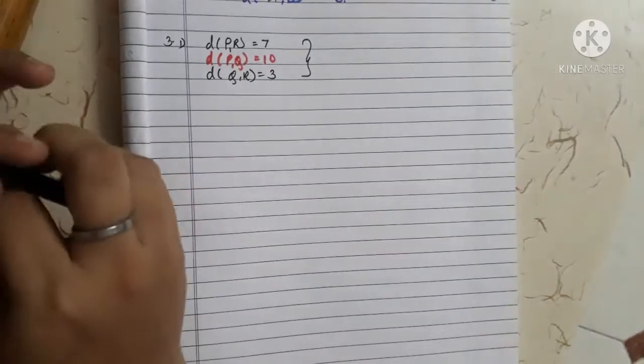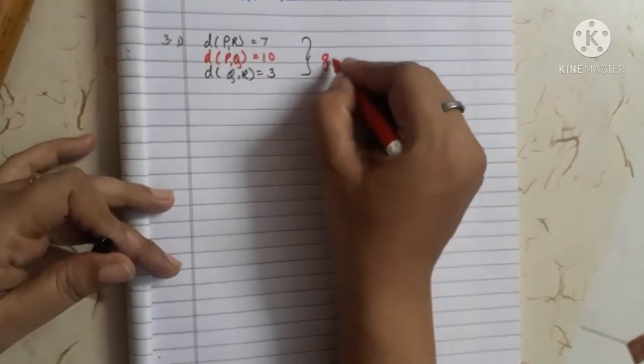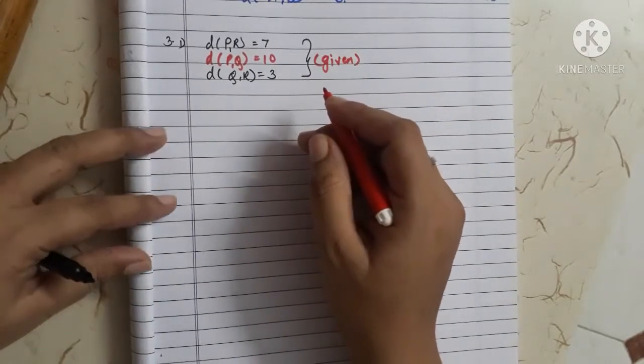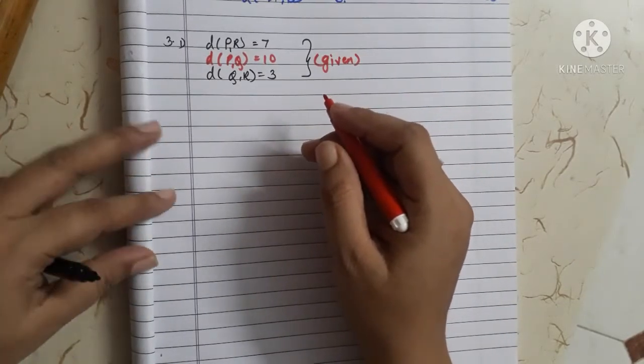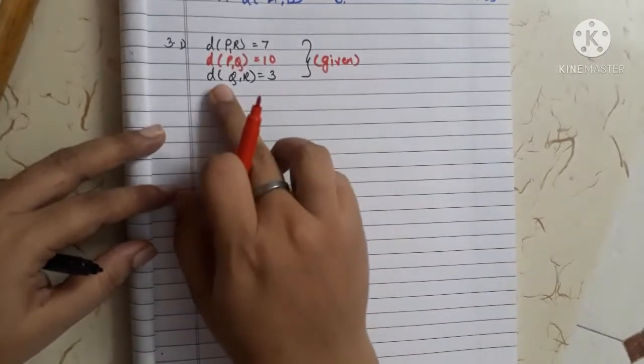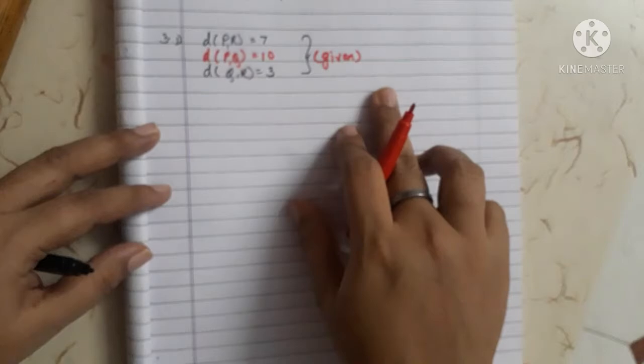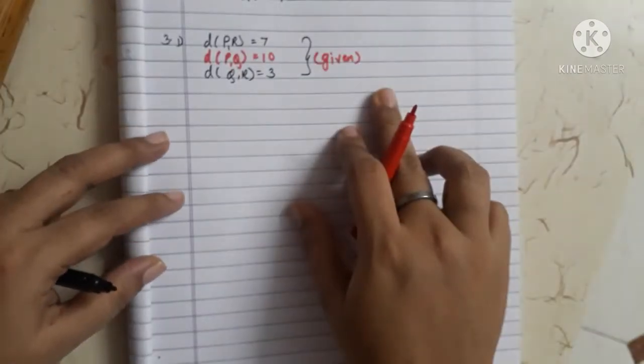All these values are given. Now we have to check which point is lying in between this P, Q, R, or whatever is the order, you have to find out.